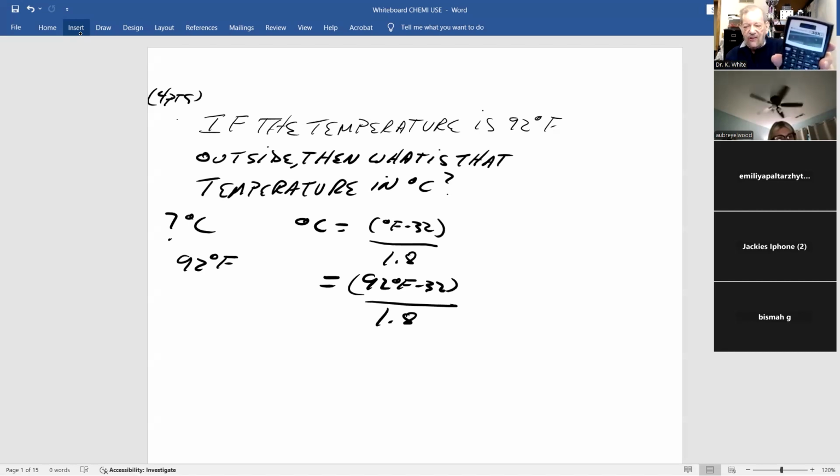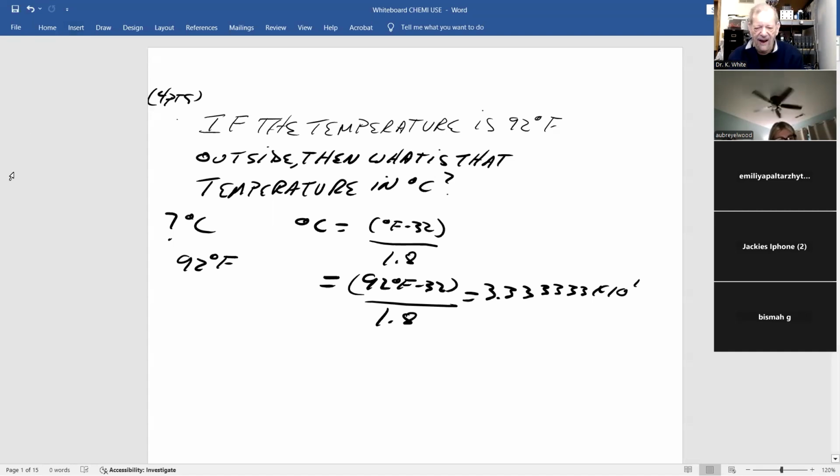And I get 60. And leave that on there. If you have this type of calculator, you can do divide and then 1.8. And my calculator gives me this number. You'll see why I laugh. Actually, mine says 0.1, but I don't write down the 0 like this.